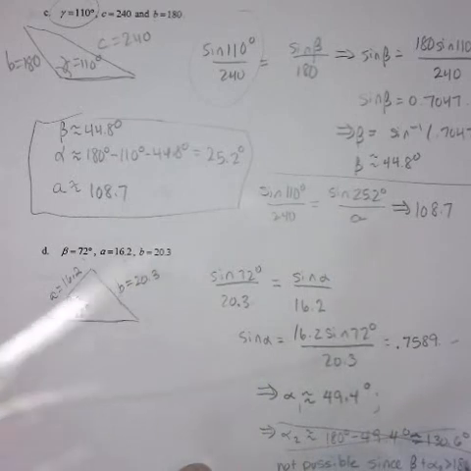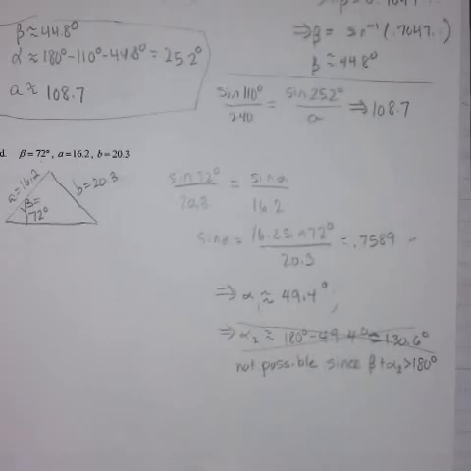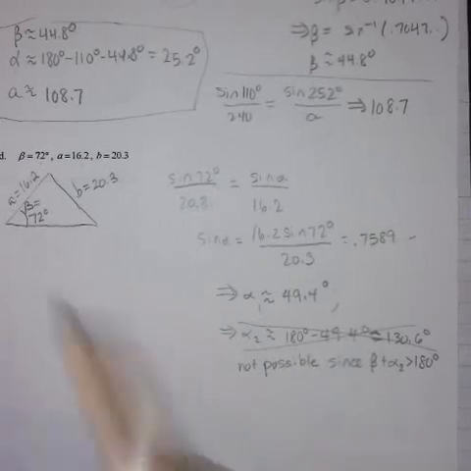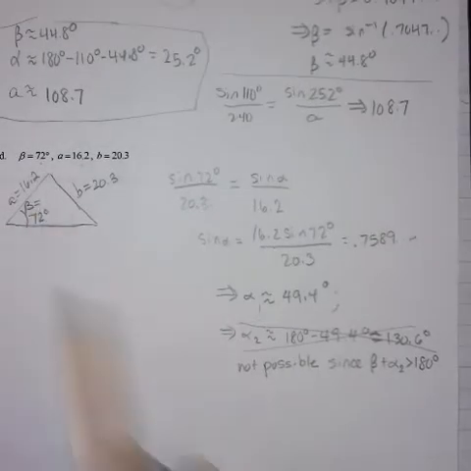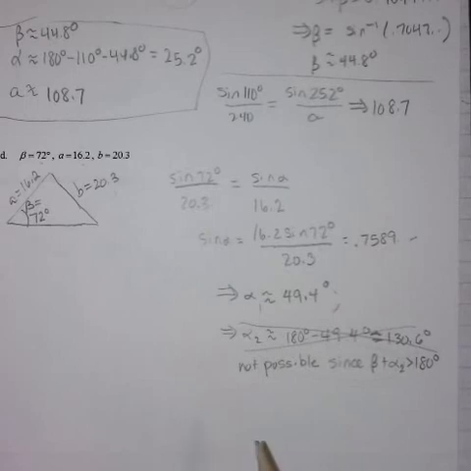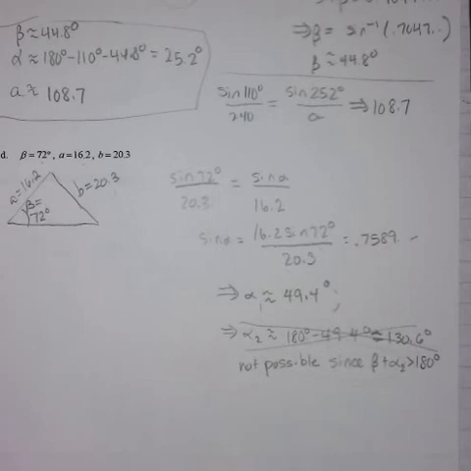So you toss that out. If you drew the picture correctly, you would notice that. You wouldn't even have to worry about this. But if you don't notice it here, you should still notice it here, but you have to be paying attention, of course. All right, so we only have 1 triangle.